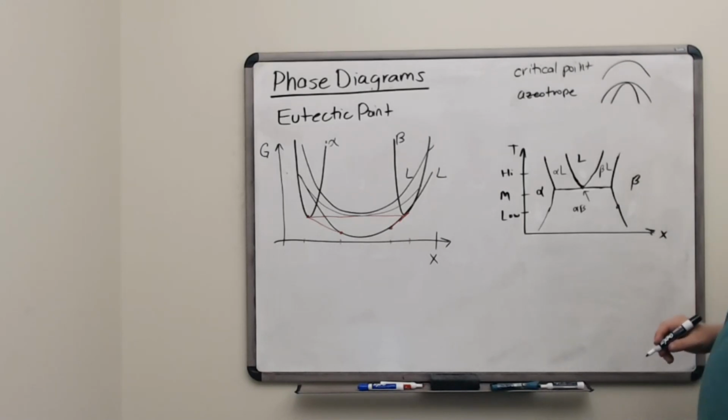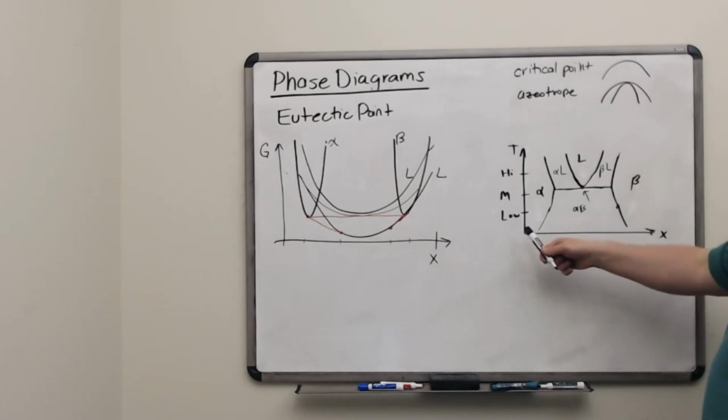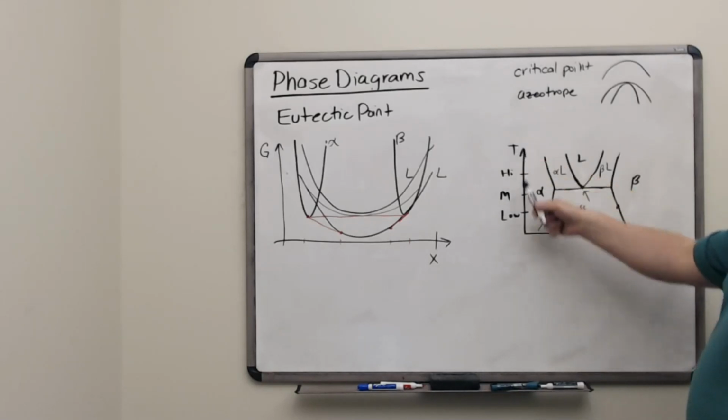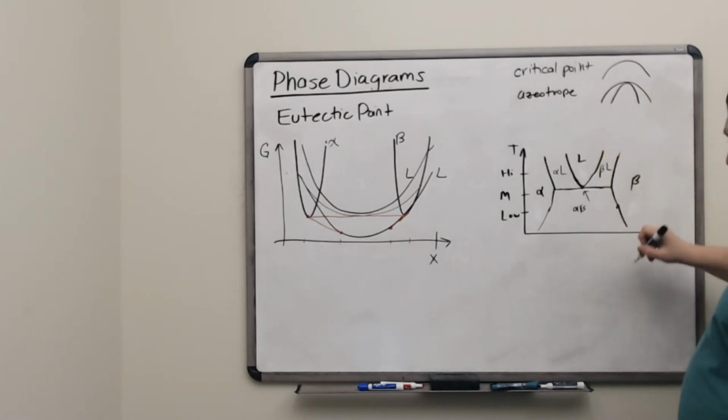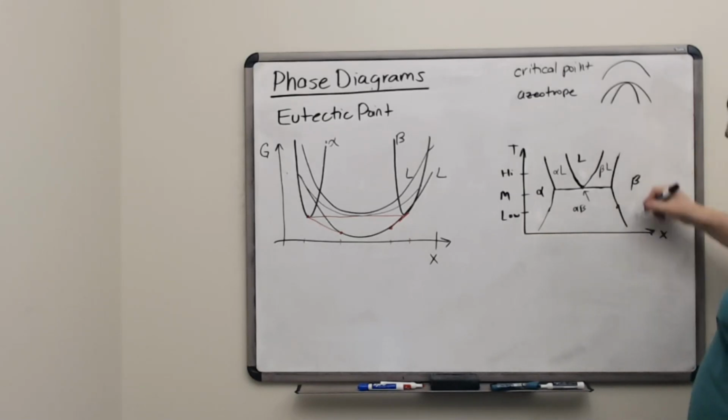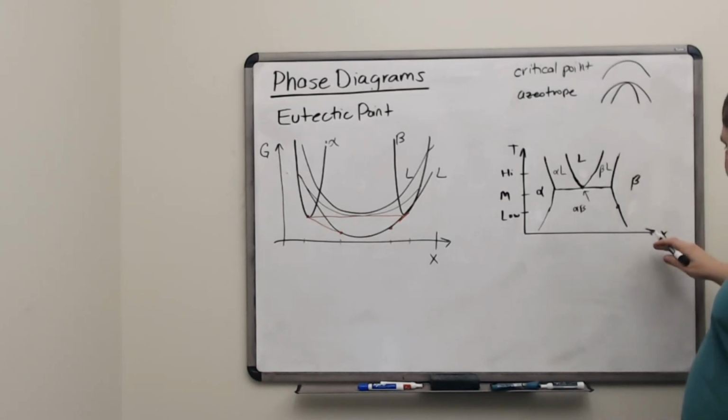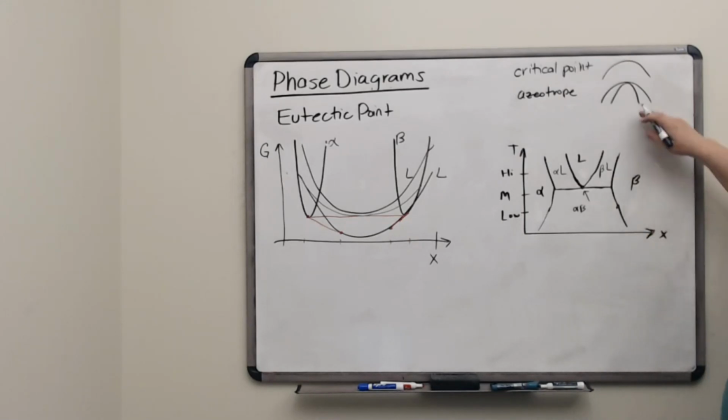So again, we can see the usefulness of this, looking at it in terms of composition versus temperature. The temperature at which these different transitions occur depends on what concentration of the alloy you make. If you make it too rich in beta, it's just going to be a solid with that crystal all the time. If you make it really high in the fraction X, then it's going to be this crystal all the time.